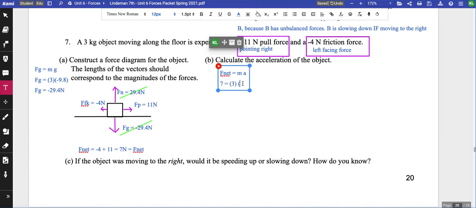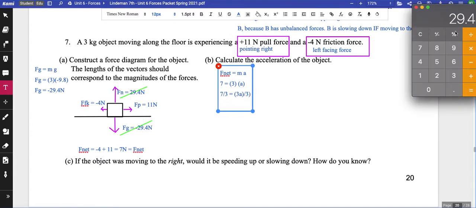We do not know our acceleration, okay? How are we going to get a on its own? We need to divide, right? Do we see how if we divide each side by 3, that isolates a? So 7 divided by 3 is equal to 3a divided by 3.